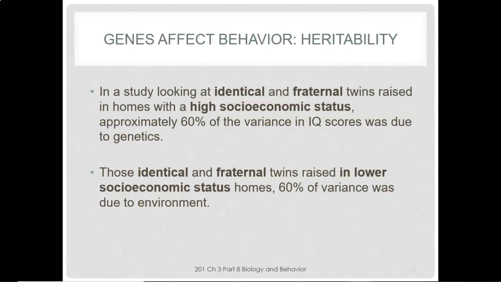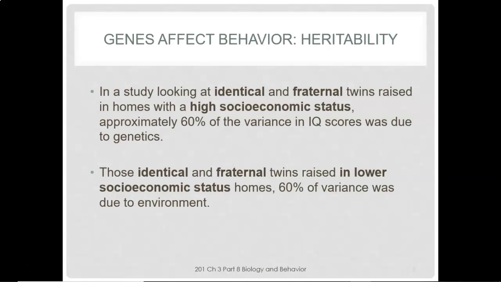Those kids who are raised in a high economic status home go to better schools. Their parents tend to be more educated. They're going to have friends who go to really good schools as well. They're going to have a better diet.